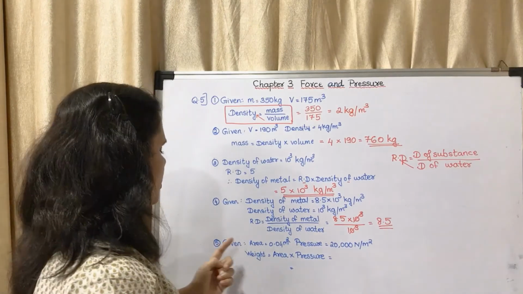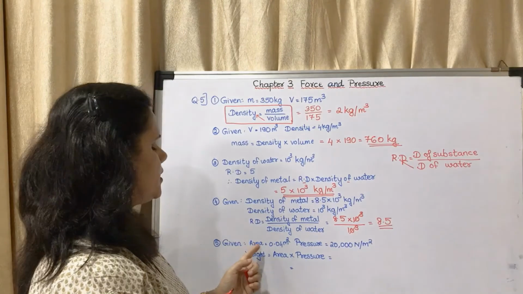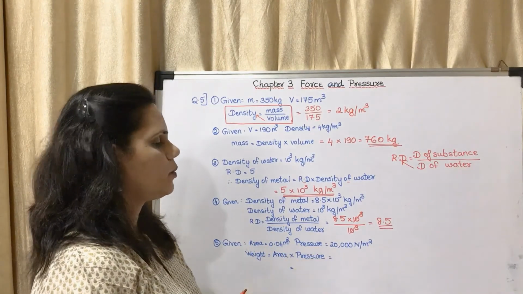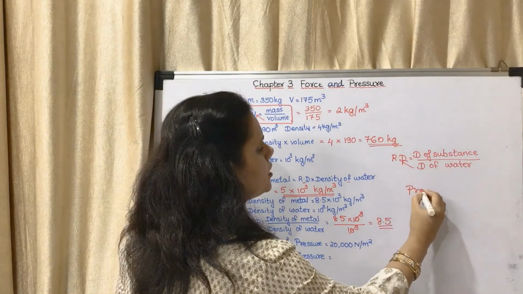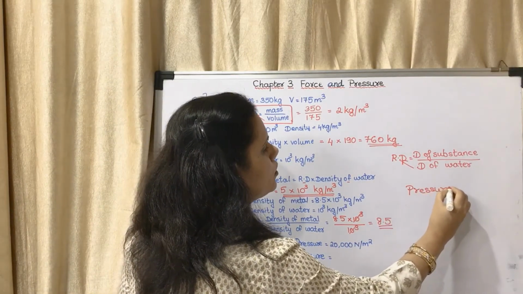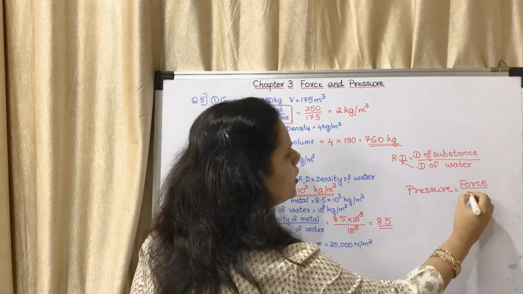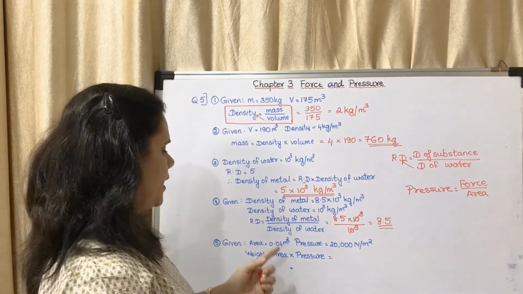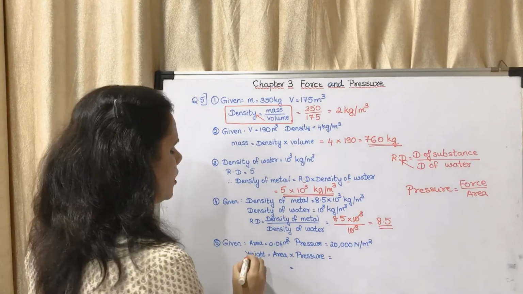Okay, so next is the third one, area is equal to 0.04 meter square, pressure is equal to 20,000. Now the equation is pressure is equal to force upon area. They have given area, they have given pressure, you have to find out weight.